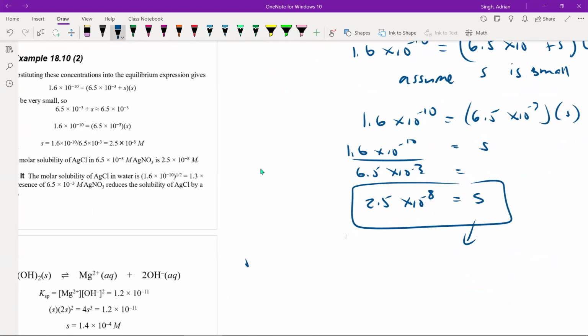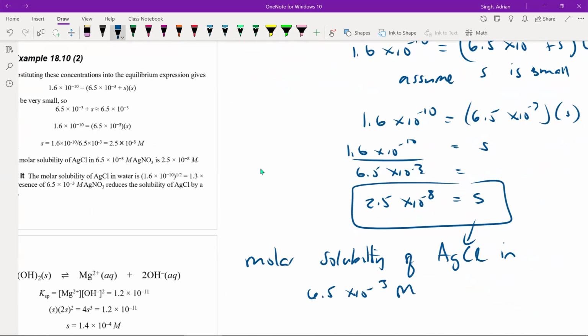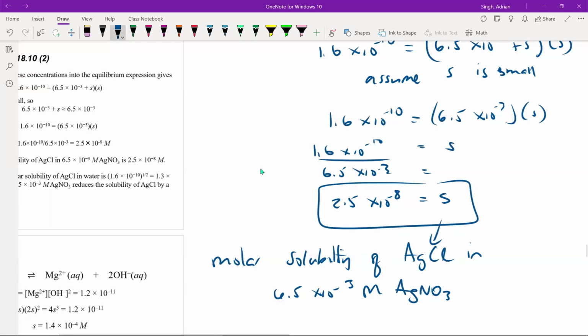So this here is now the molar solubility of AgCl in that 6.5 times 10 to the minus 3 molar silver nitrate solution. So what does that actually tell us?